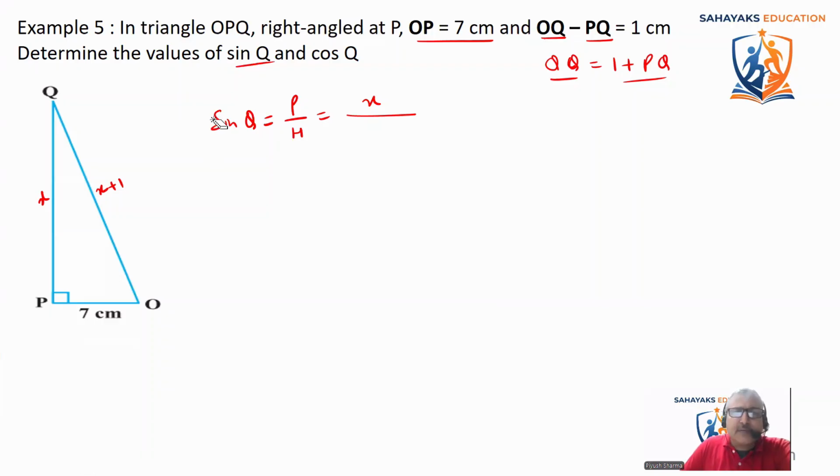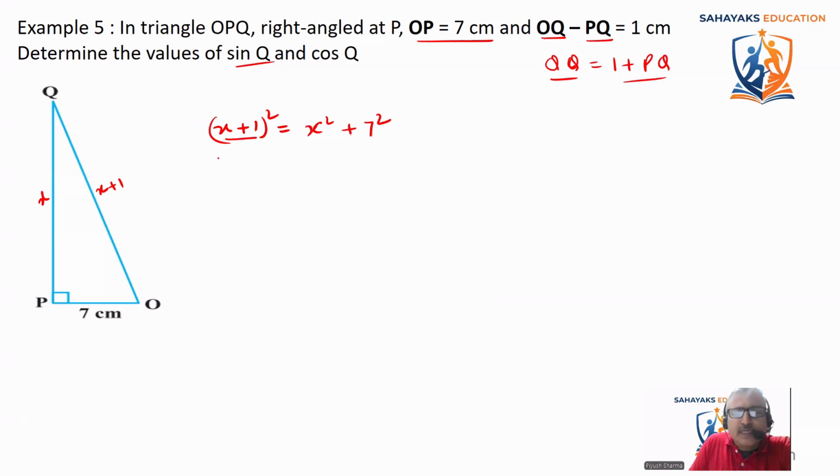I'll just erase this part, so we have only one variable. Let's use the Pythagoras theorem. So x plus 1 whole square is equal to perpendicular square plus base square.